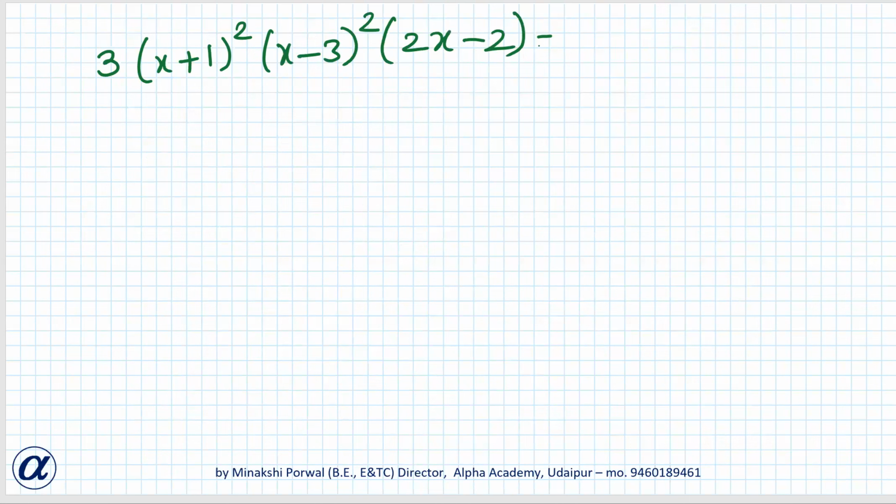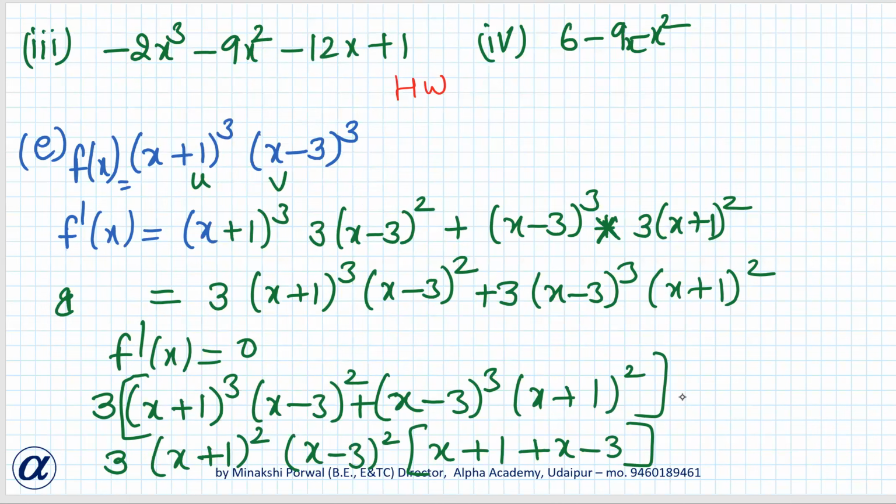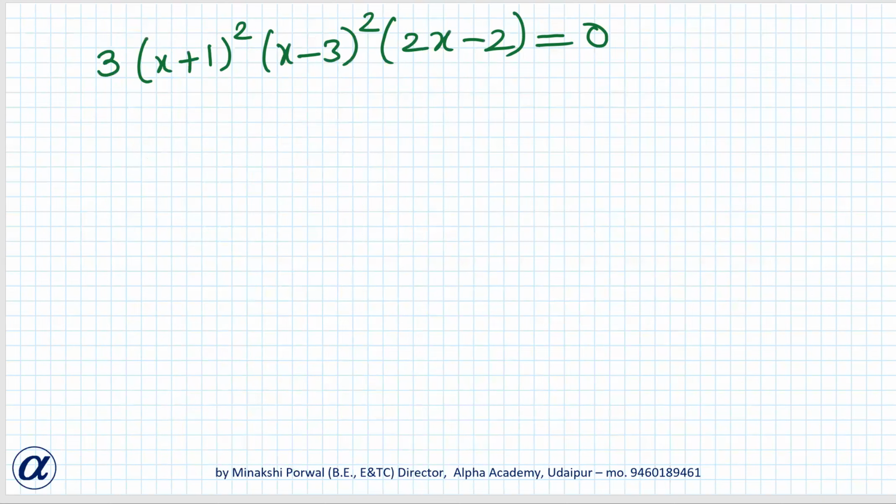So this will be 3 into x plus 1 the whole square, x minus 3 the whole square, and in the bracket it will be 2x minus 2 equals 0, because this was f dash x which we have put equal to 0. Okay. Now when we solve each term, we'll get x equals minus 1, x equals 3, and x equals 2 by 2, that is equal to 1.